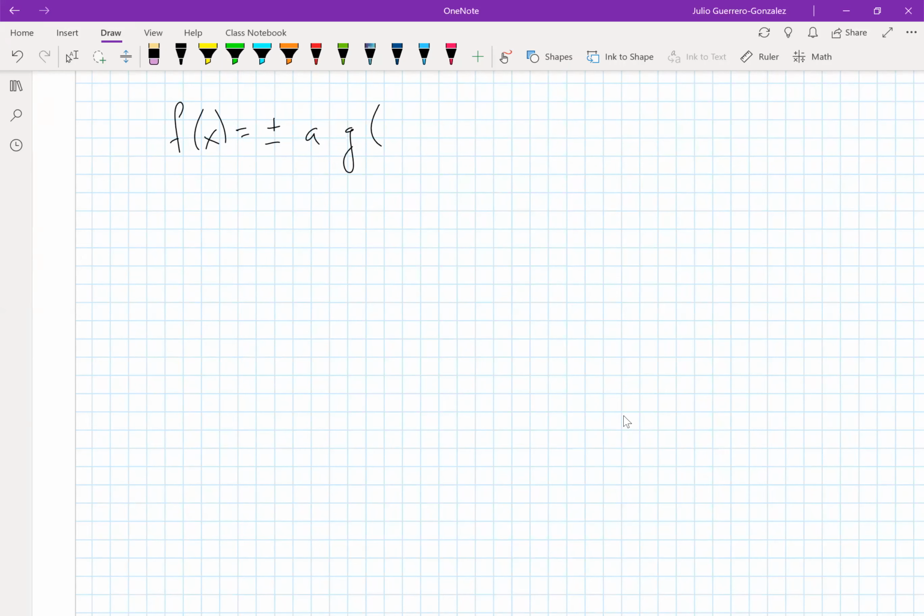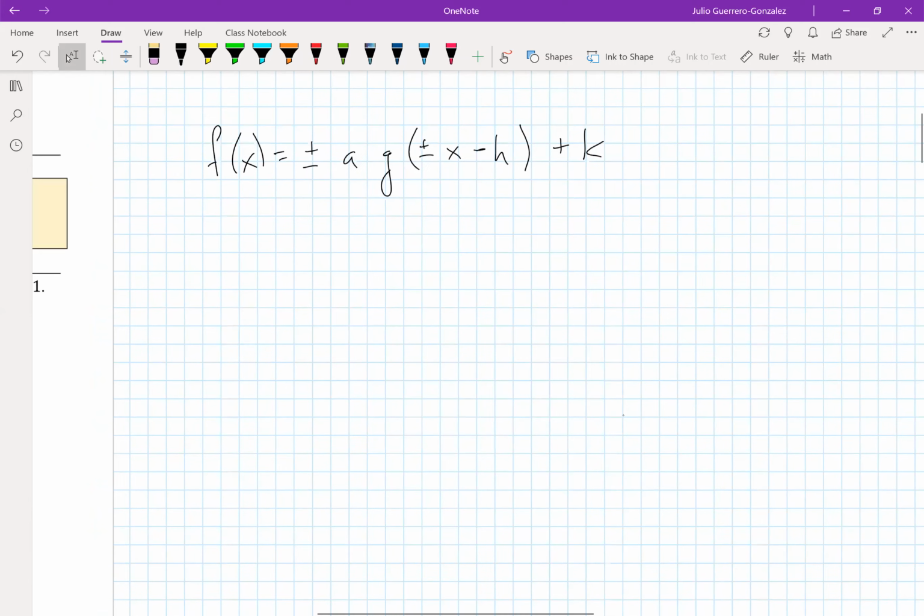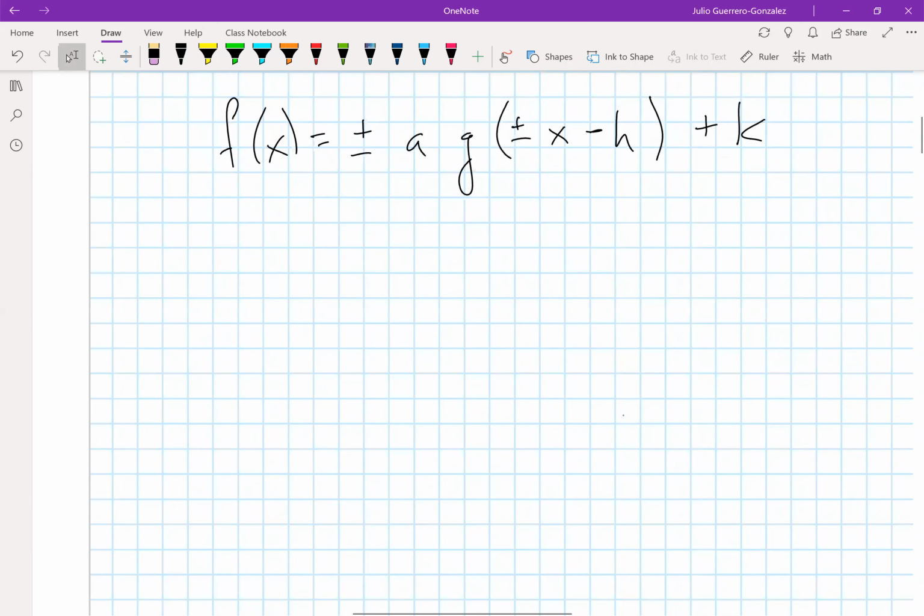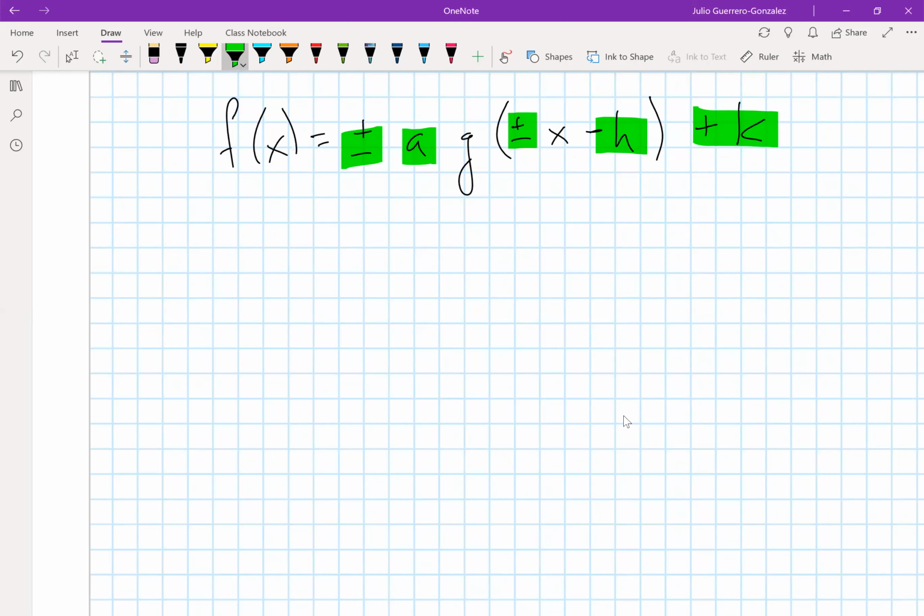Let me rewrite this. All right. Everybody probably remembers this. So there are a couple things here. There's that, there's that, there's that, that, and that. And these did specific things, right?